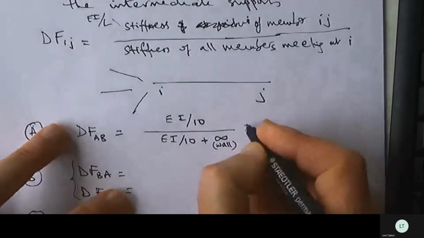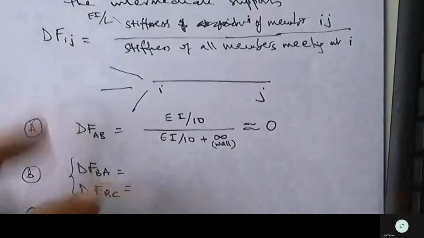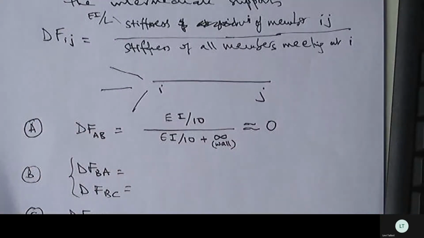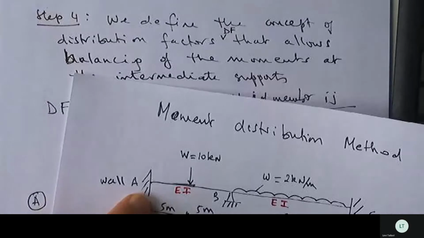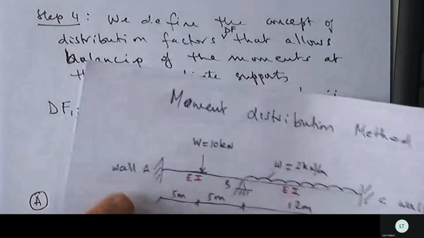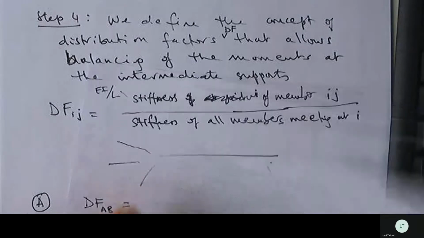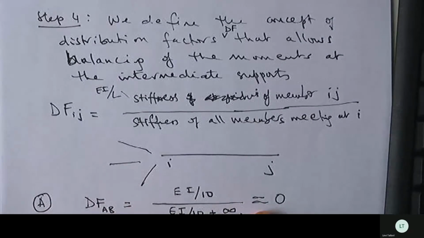So here we have 0. Whenever you've got a rigid support like this, remember this in the future, the distribution factor is 0 at that joint, because it's rigid.